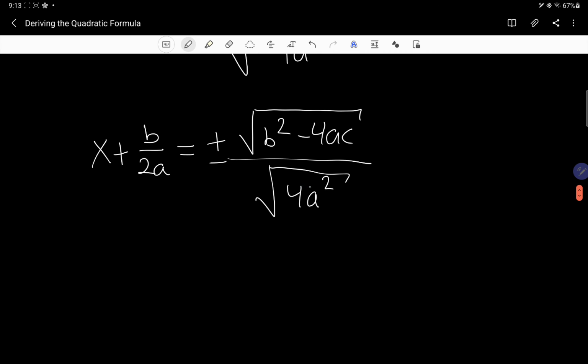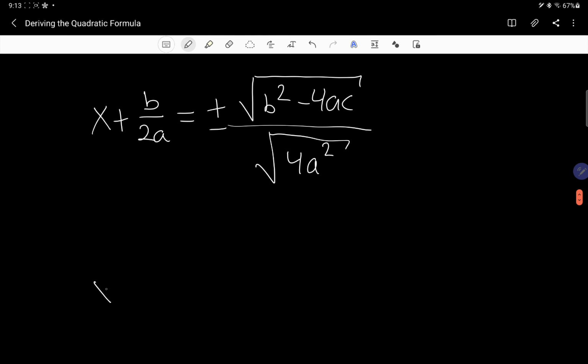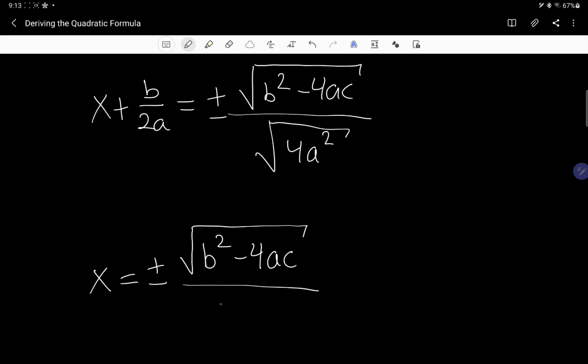So I'm going to do that, but at the same time, I'm also going to subtract this term to the other side. So we are going to have x is equal to plus or minus the square root of b squared minus 4ac over 2a, and then minus b over 2a.